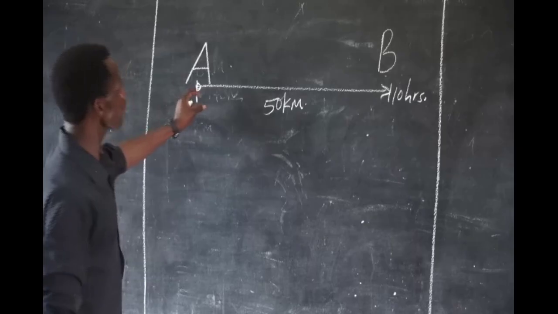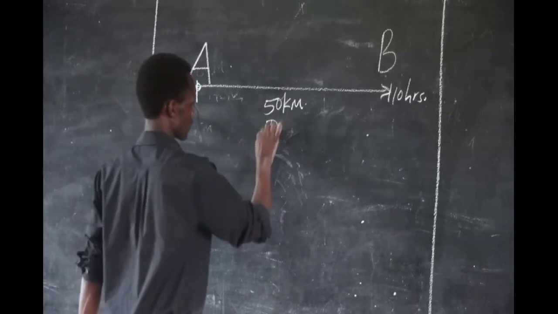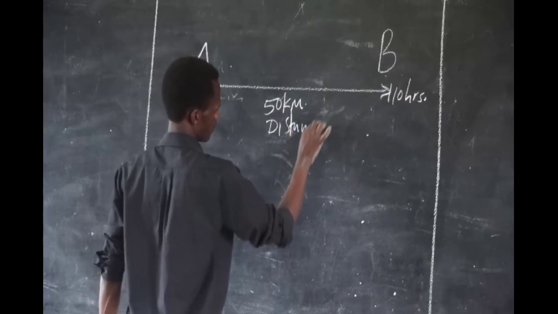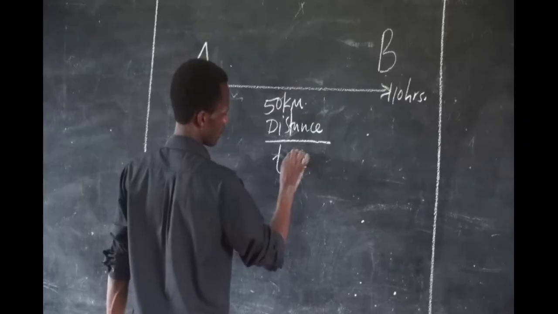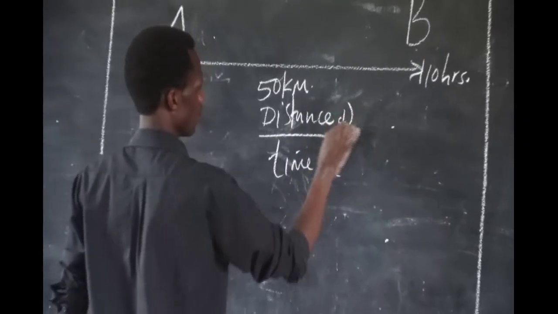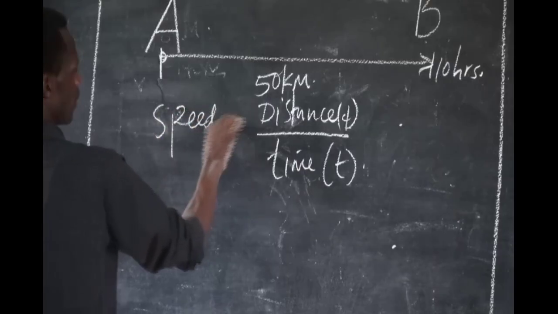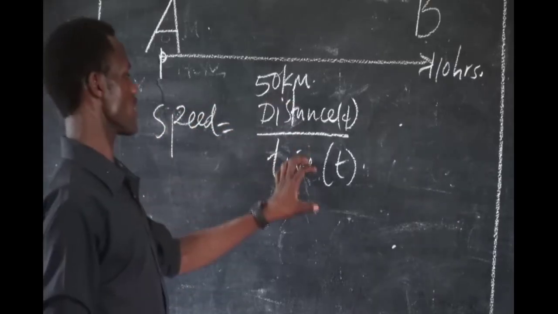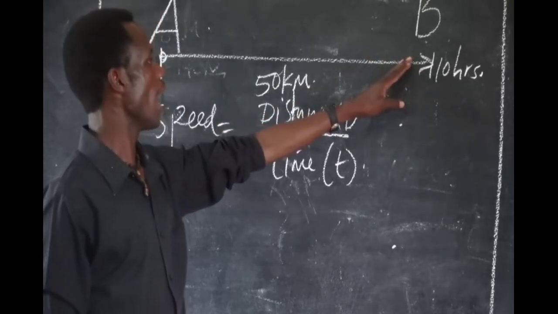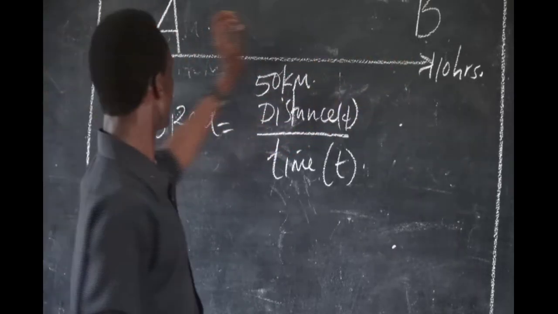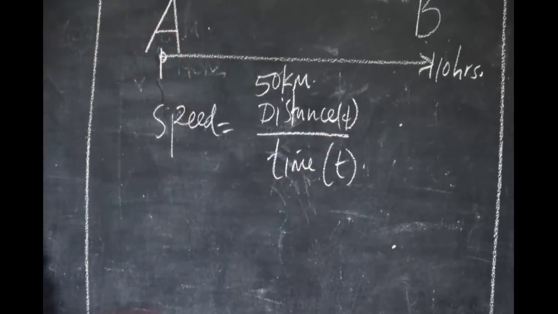When you want to know the speed that you have used, you take the distance and then you divide it by the time that you have used. That is what we call speed. So taking distance over time means that you calculate the distance from point A up to point B, and you calculate the time that you have used from point A up to point B. That will be used to find the speed.